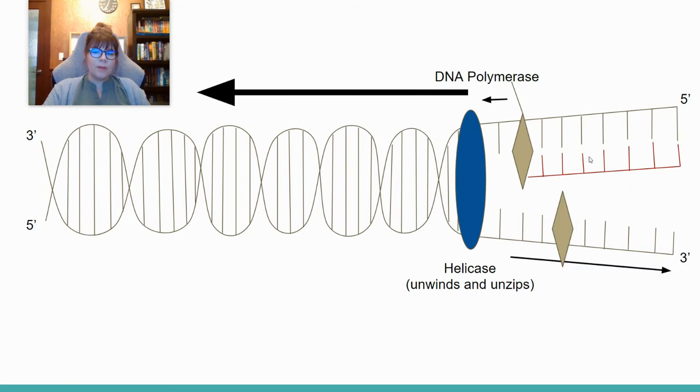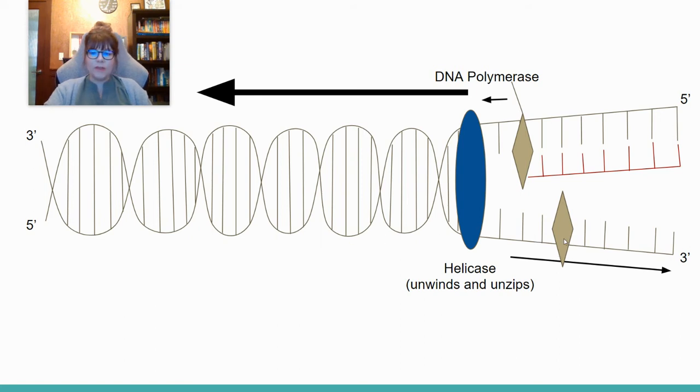What ends up happening is there is a problem on the bottom strand. This bottom strand is actually called the lagging strand, and we'll label all this in a minute. This bottom strand has the issue because the 5' is down here and the 3' is over here. I just finished saying that polymerase can only read in a 5' to 3' direction, which makes it a problem because unfortunately it has to read it kind of backwards.